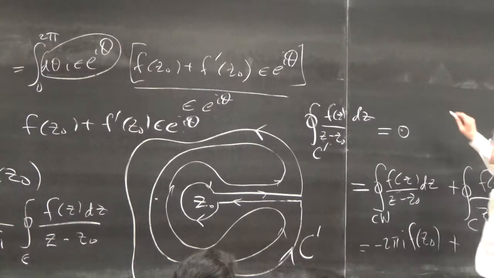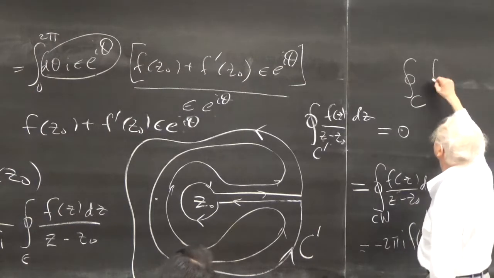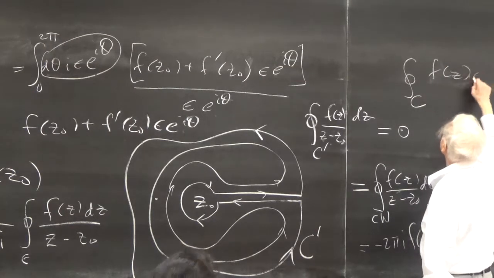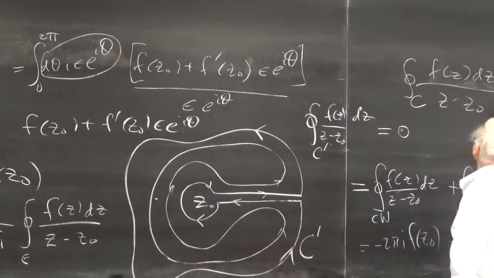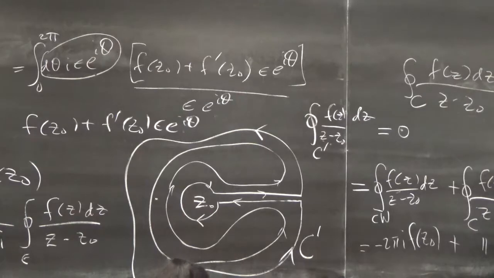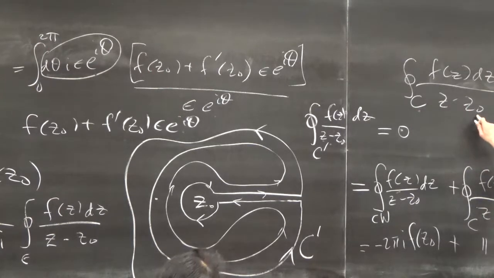So that tells us that the integral along any counterclockwise contour of f of z dz over z minus z0 is equal to 2 pi I f of z0. This is a counterclockwise contour around z0, and once again the whole thing is in a region of analyticity.